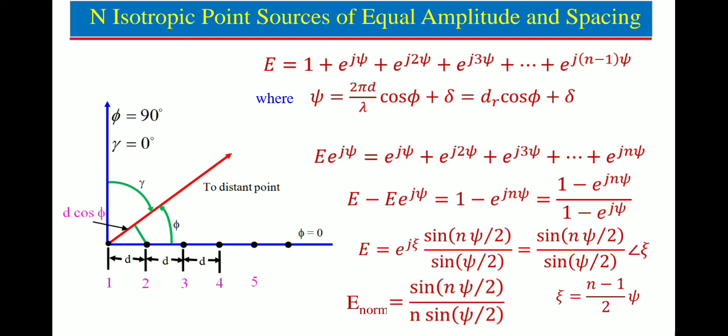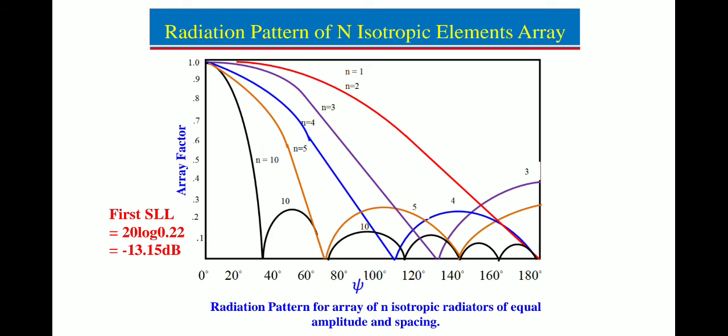We are seeing the electric field. The radiation pattern of the n isotropic element array will be like this. In this, the first SLL is equal to 20 log to the base 0.22, that is equal to minus 13.15 dB. On one side there is the array factor, and on the other side is the value of psi, for different values of n, that is n equal to 1, 2, 3, 4, 5 up to n equal to 10.